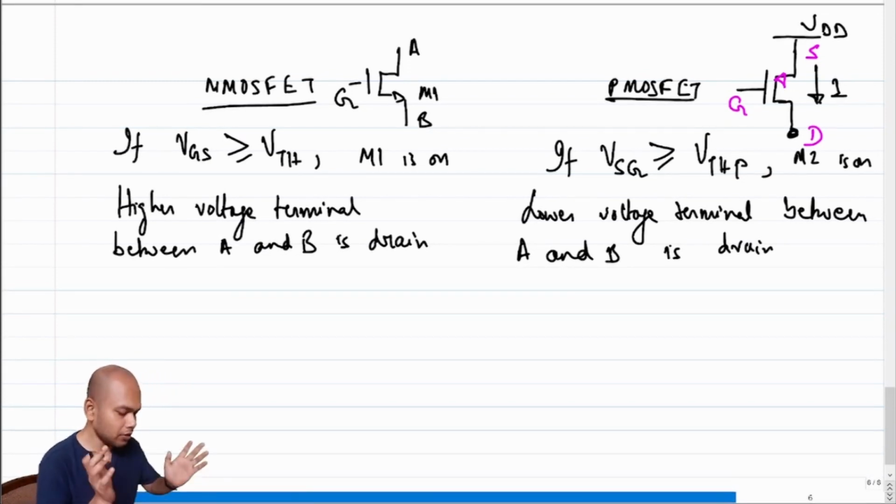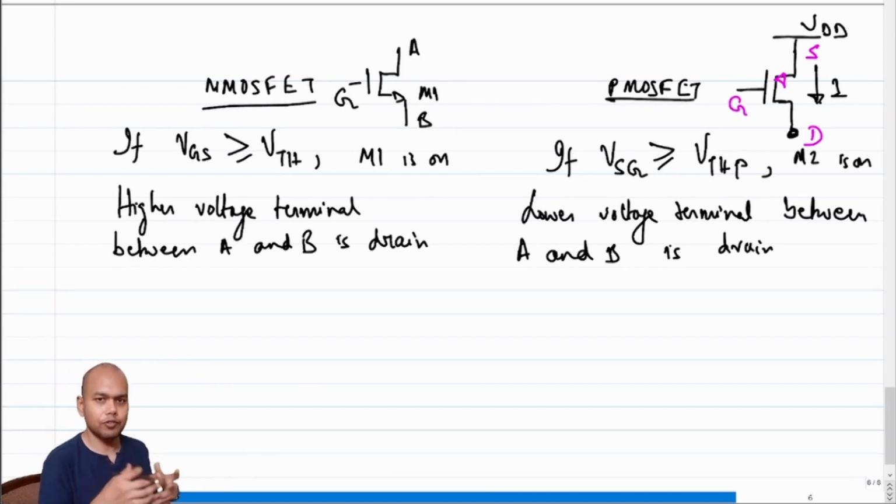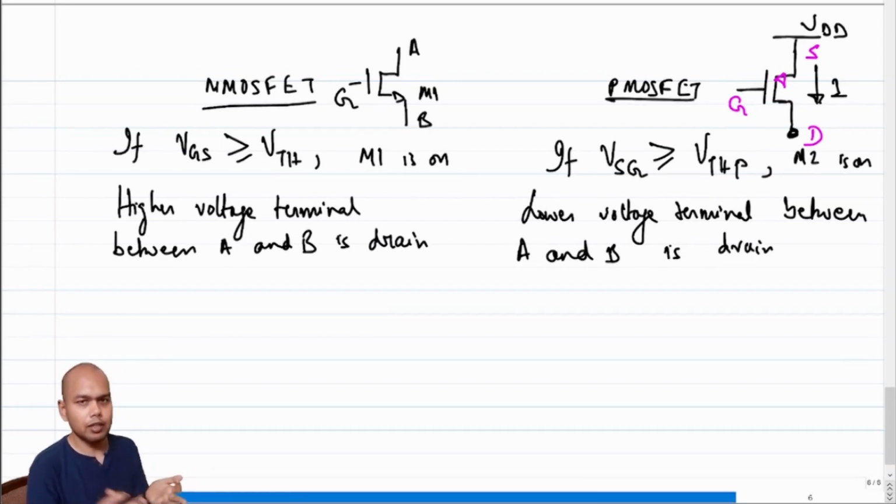Now that we know that the physics behind the devices is almost identical, just that the carriers are reversed and in essence everything is reversed, whatever was the source in an NMOSFET becomes the drain in a PMOSFET, and whatever was the drain in an NMOSFET becomes the source in a PMOSFET.